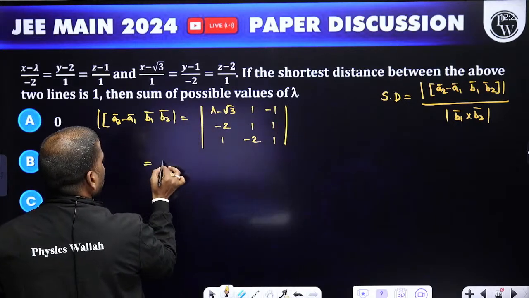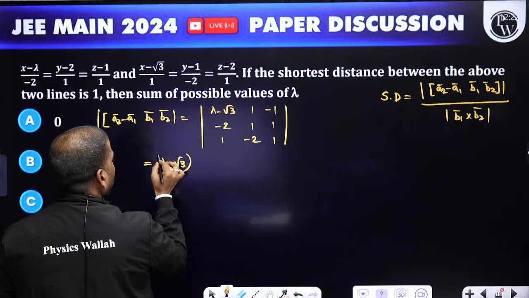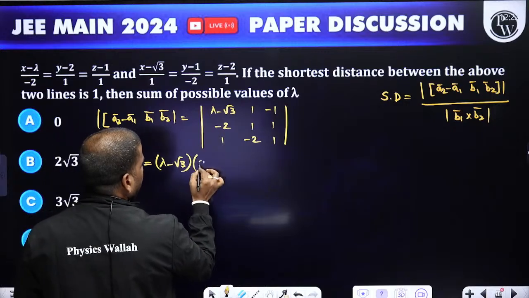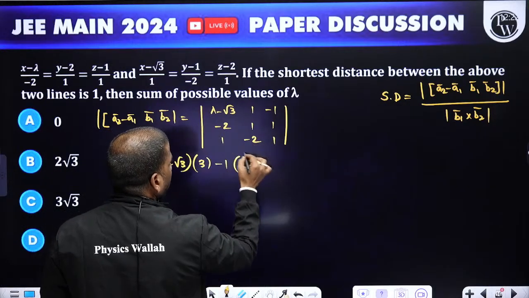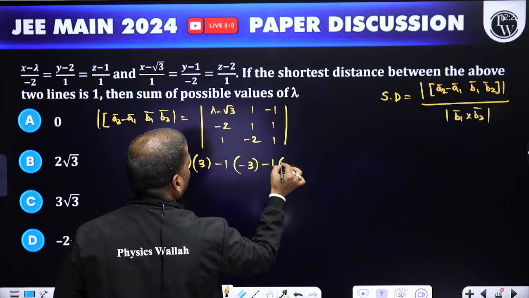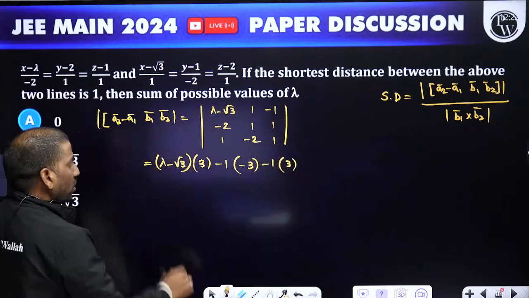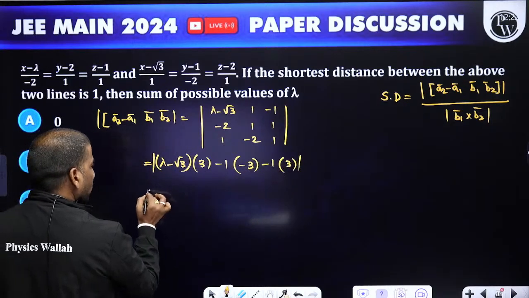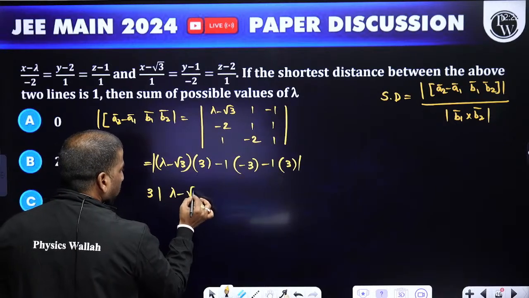So this is lambda minus root 3 times 3, minus 1 times minus 3, minus 1 times 3. So plus 3 minus 3 got cancelled. So 3 times modulus of lambda minus root 3.